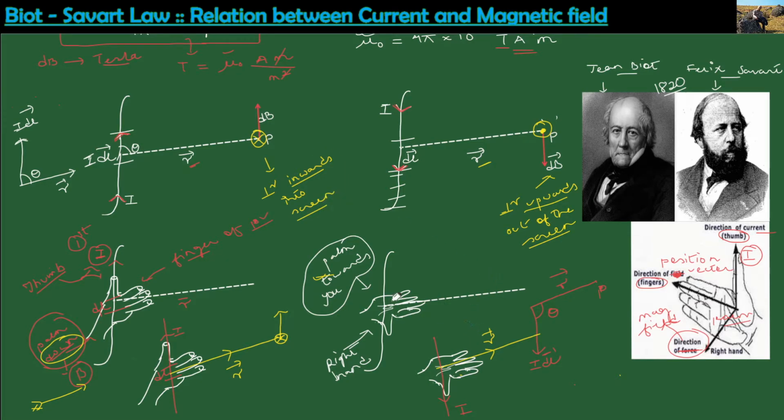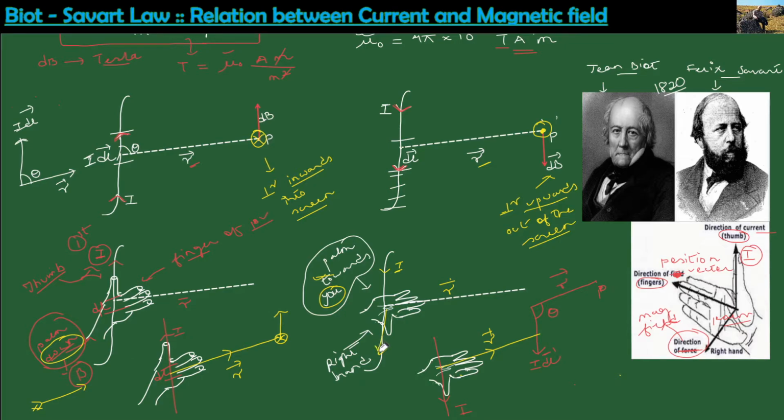So these are the important points of emphasis. The current is moving in this direction, so you have to orient your right hand with the thumb in the direction of the flow of current and the outstretched fingers in the direction of R. The palm is facing towards you. That will give you the direction of dB.